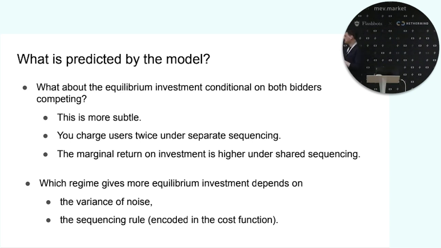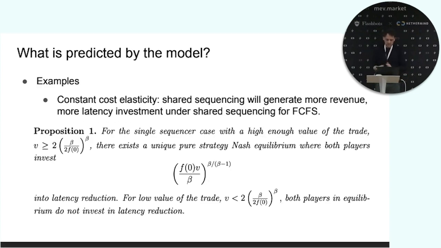So it depends, actually, that's what we find. It depends very much on how you organize the competition in the different sequences in the shared sequencer. I'll give you a bunch of examples. So we looked into constant cost elasticity, which is maybe an okay approximation to what we would expect in a first-come, first-serve competition.